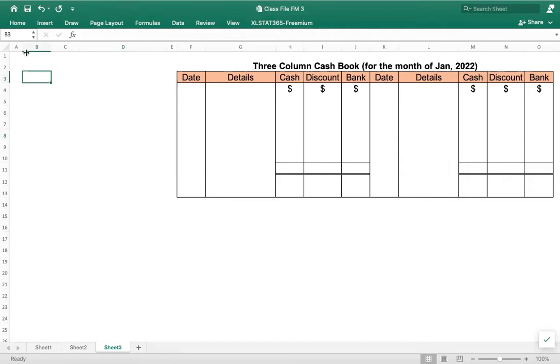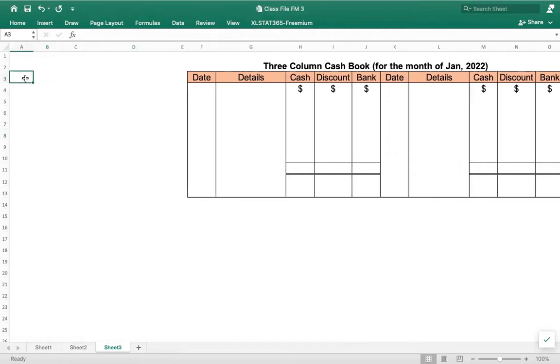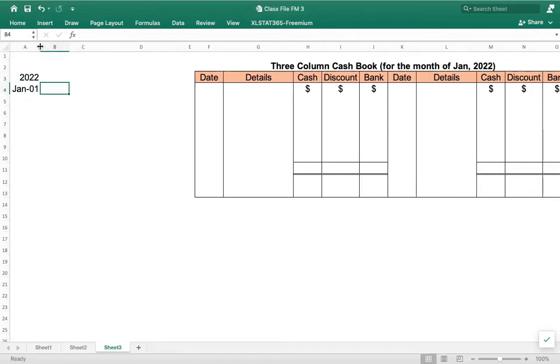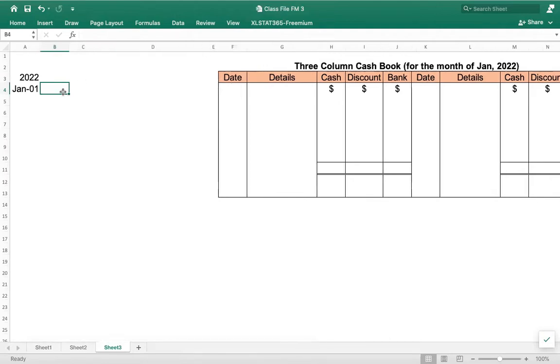Let's say 2022, Jan 1st. First transaction we will do is commenced business with cash $10,000.